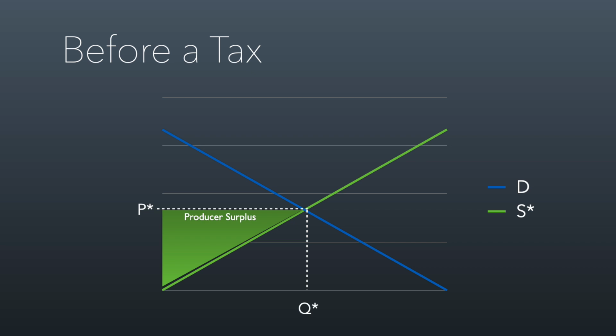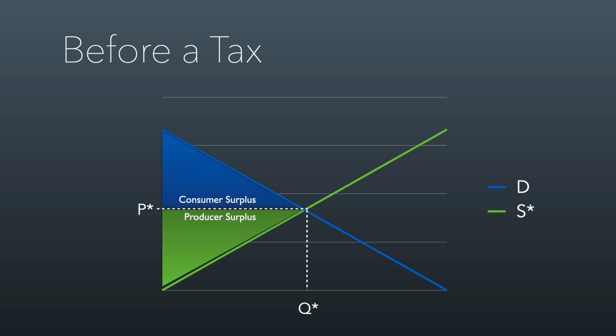And so if you add up for each box of cereal the difference between the cost of production and the price that they could charge, that adds up to be that triangle there called producer surplus. You can think of it roughly as profit. So it roughly reflects the profit of corporations that are selling boxes of cereal. But the economic term for that is producer surplus.